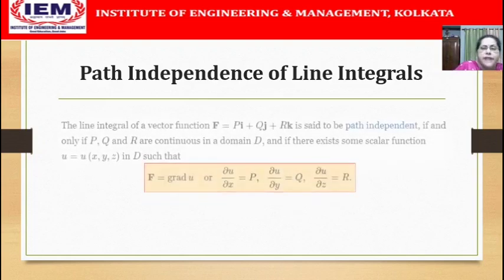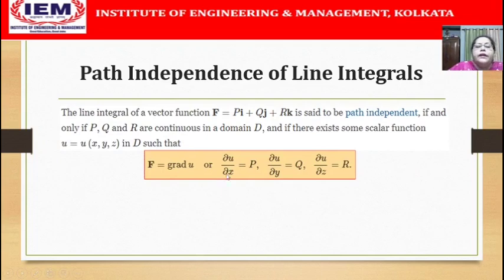And when is that? So the line integral of a vector function f given by P i plus Q j plus R k is said to be path independent if and only if P, Q, R are continuous functions in a domain D, and if there exists some scalar function u, a function of x, y, z in the domain D, such that f is equal to grad u.